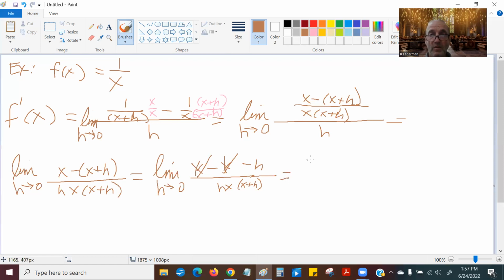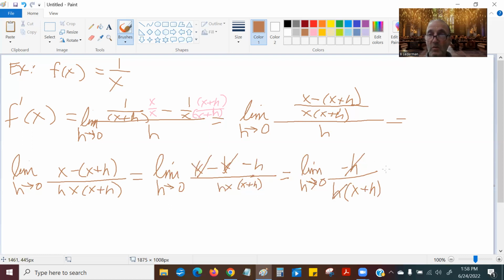And this is equal to the limit as h goes to 0 of negative h over h times x plus h. And I'm canceling out the h's. Because if you cancel out, you get a 1 up here.